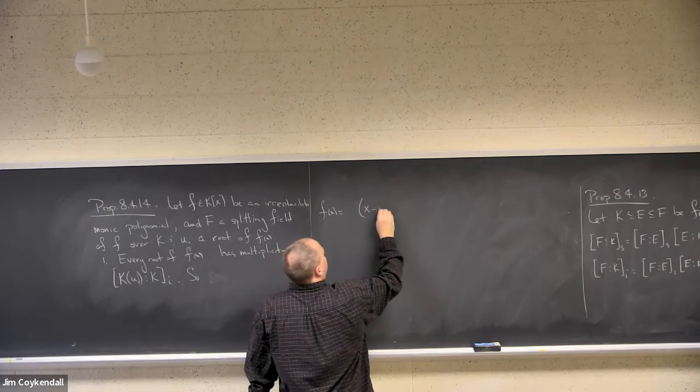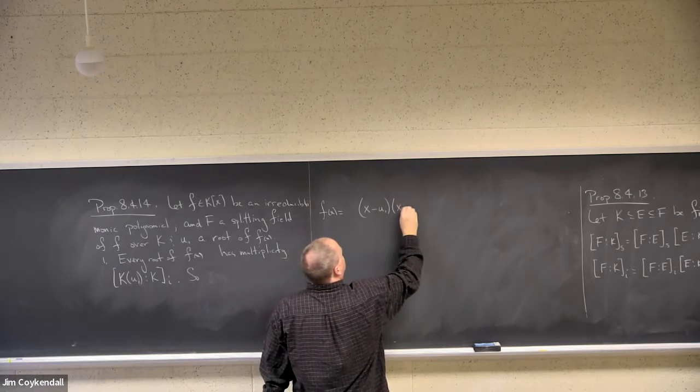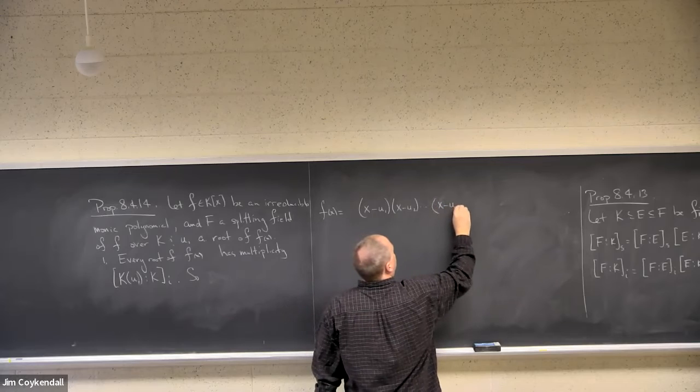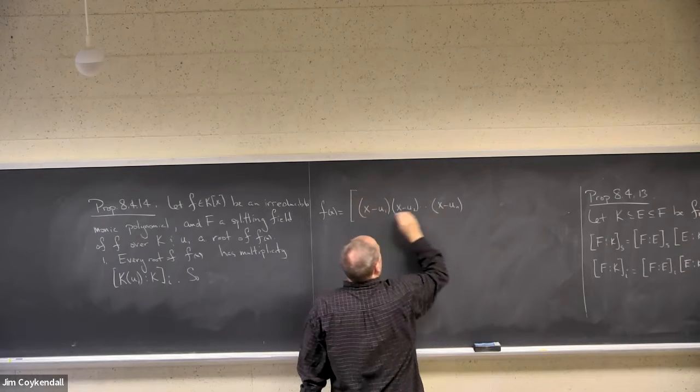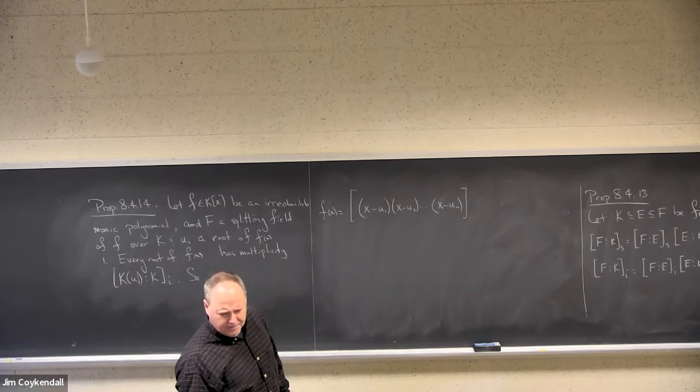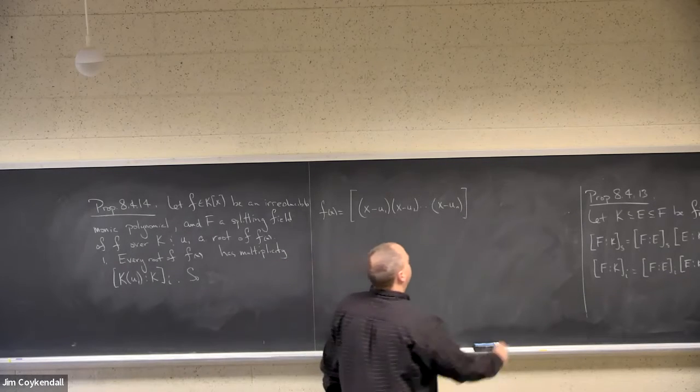So it should be (x - u1)(x - u2) up to (x - un), but they all have the same multiplicity here. And the multiplicity is the inseparability degree of the extension.